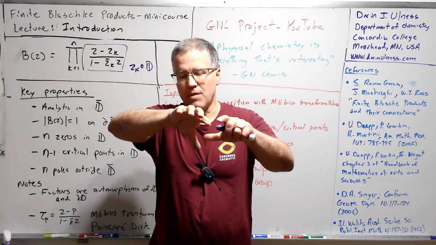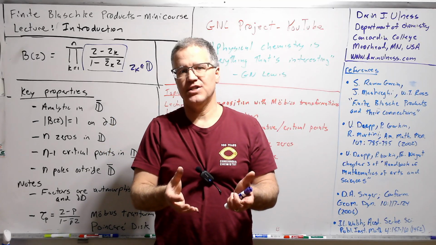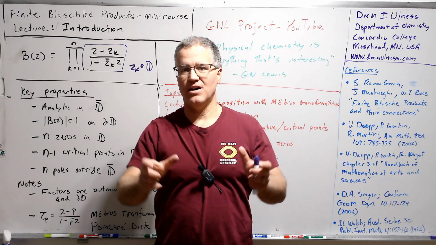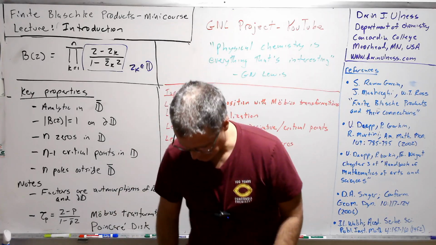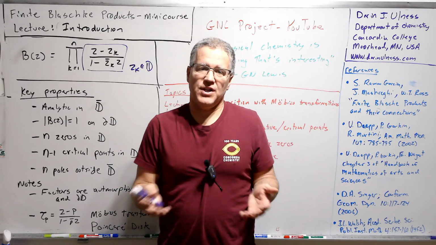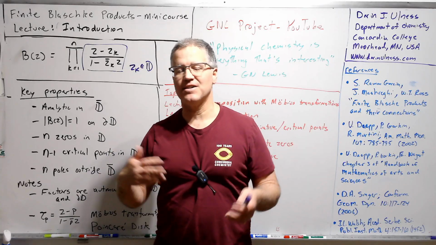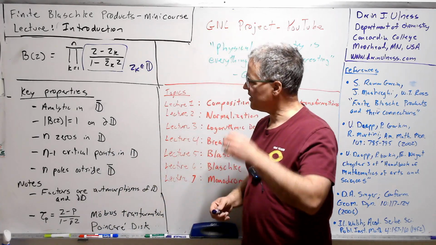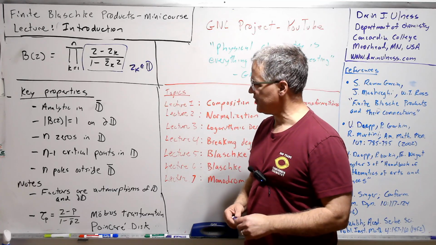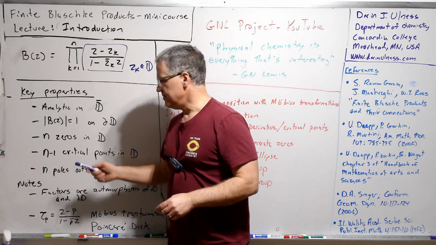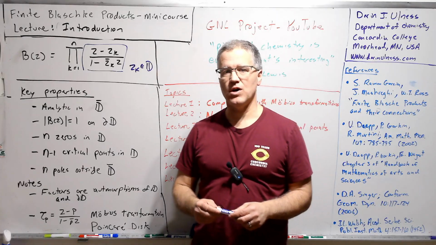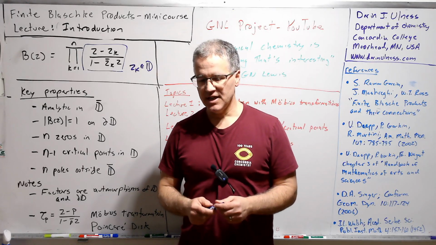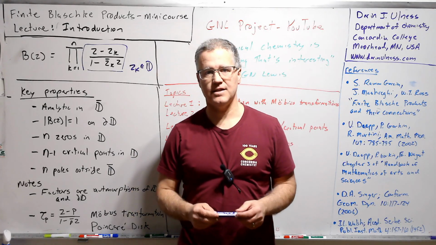The modulus of the function is equal to 1 on the unit disk. And so it's not a very dynamic looking function, and yet it has enough structure that it has some real richness to it. There are going to be n-1 critical points. So this is interesting, that fall in the disk.